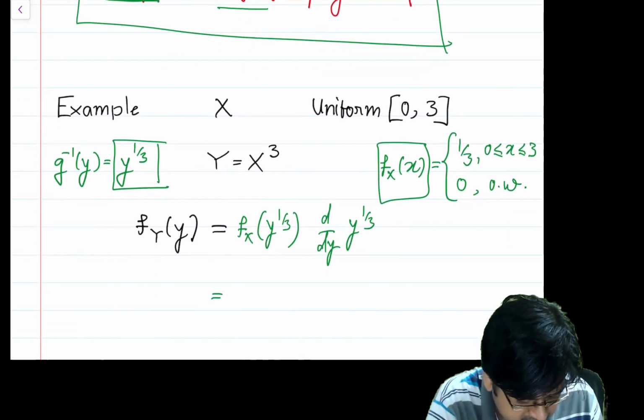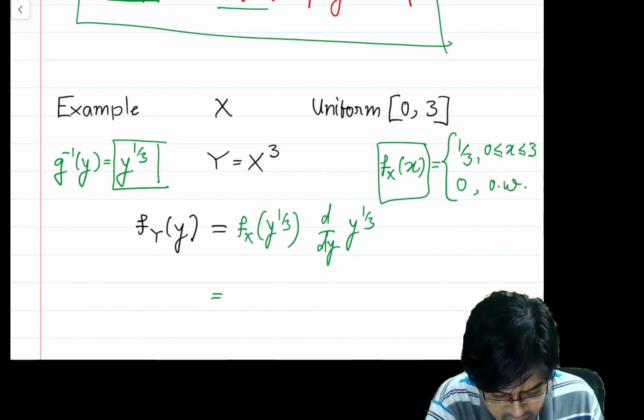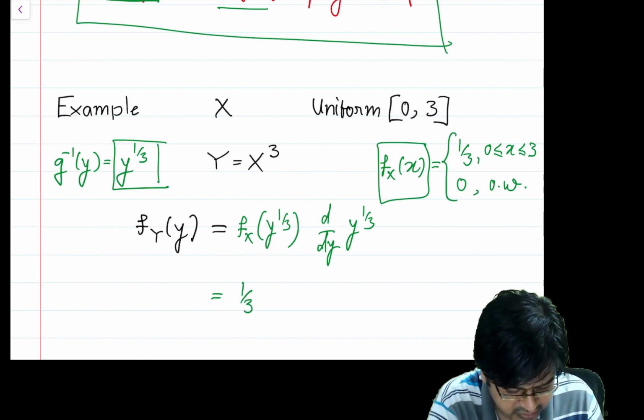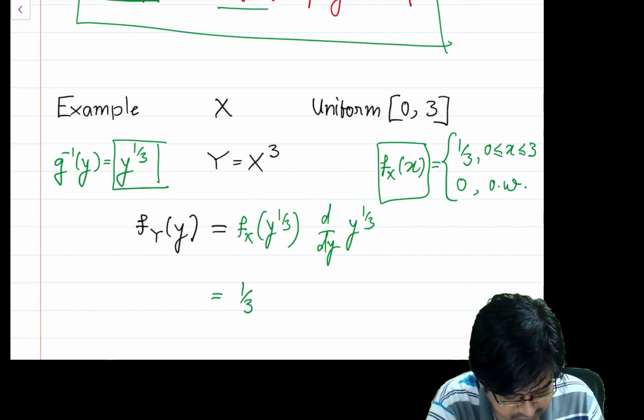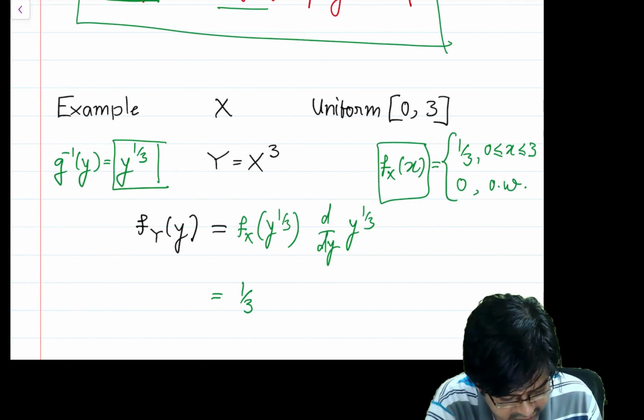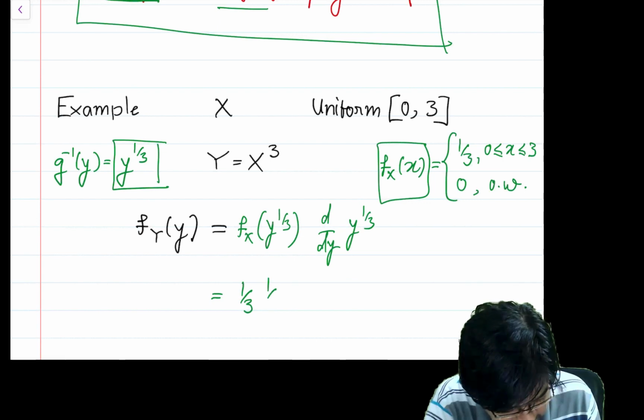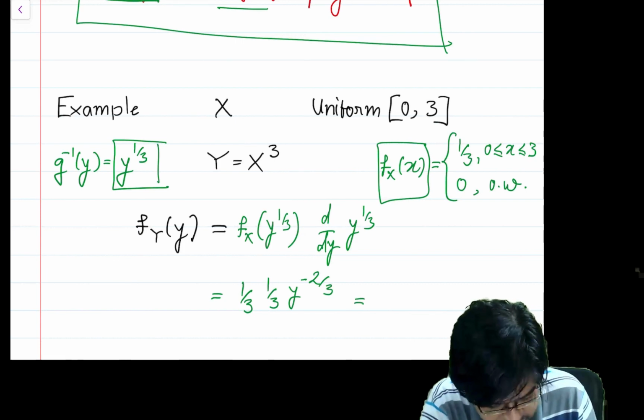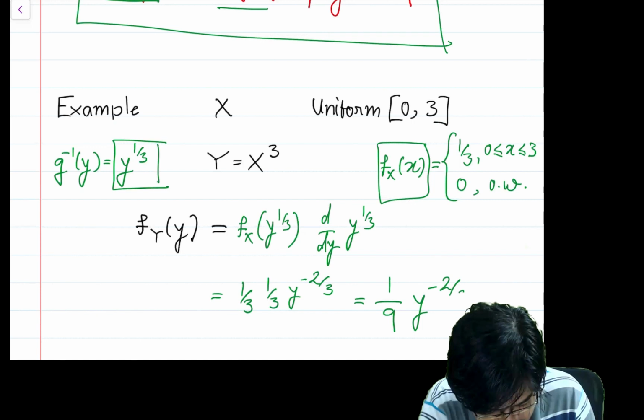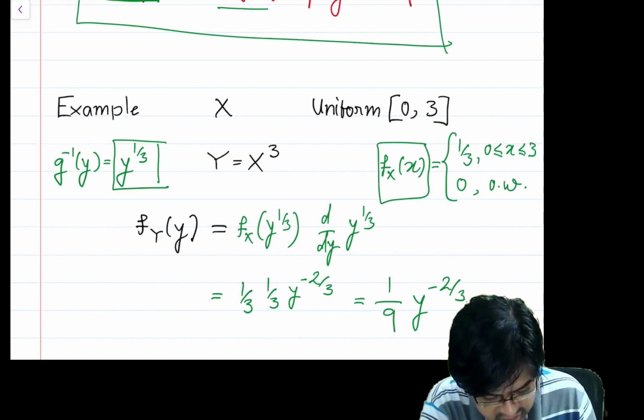You simply write this as 1 by 3. And what is d/dy of y raised to 1 by 3? It will be 1 by 3 times y raised to 1 by 3 minus 1, so y raised to minus 2 by 3, which will give you 1 by 9 y raised to minus 2 by 3.